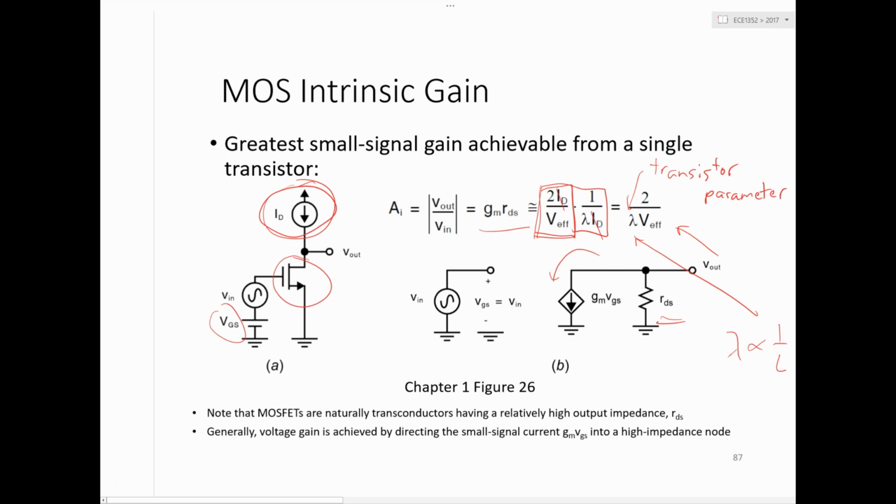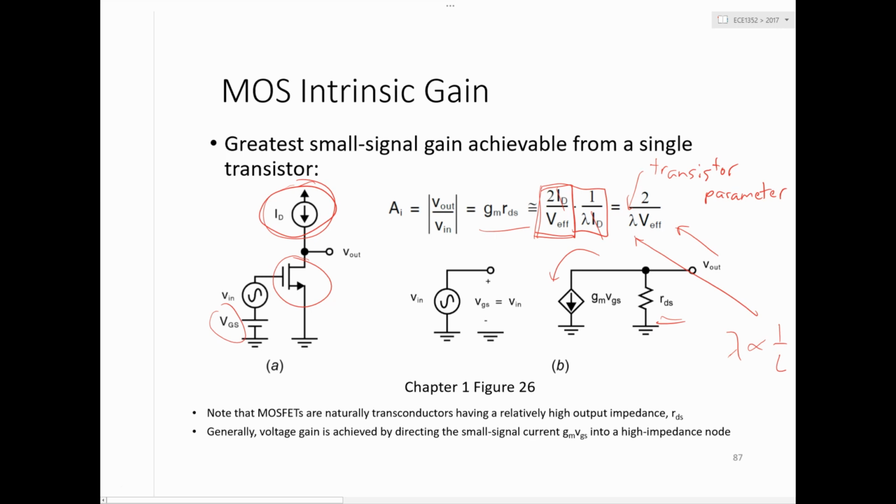You would first of all make L huge, as big as you can tolerate and still maintain a reasonable bandwidth that you need, right? And then once you had the biggest L that you could stomach, you would increase W until you're basically right on the verge of subthreshold.